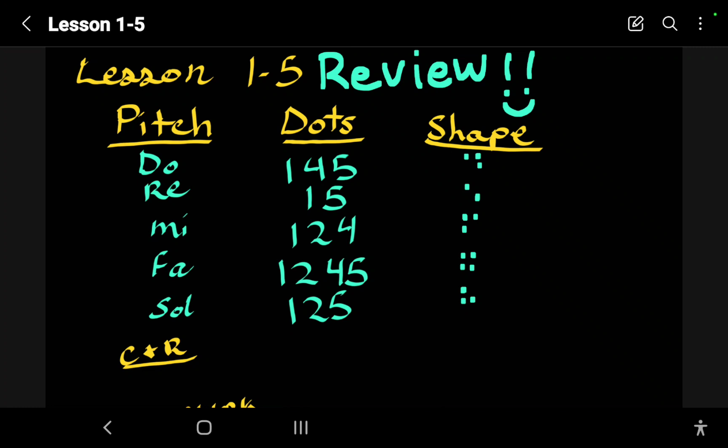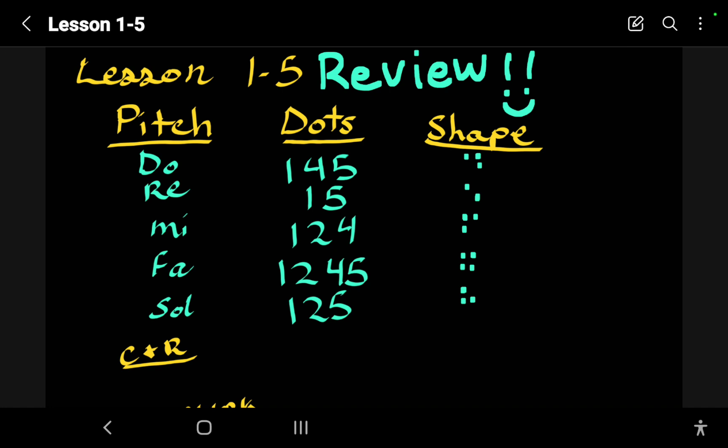So those are all the pitches. Now, the dot numbers, you should also know the dot numbers, because if you don't know them, you're not going to be able to write or read the pitches in Braille.